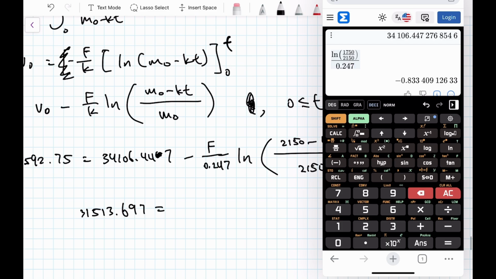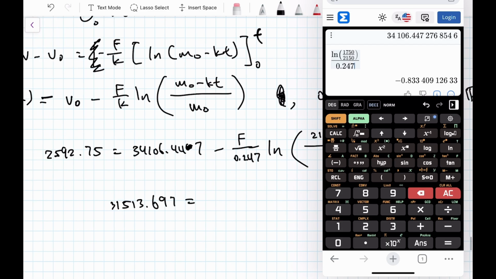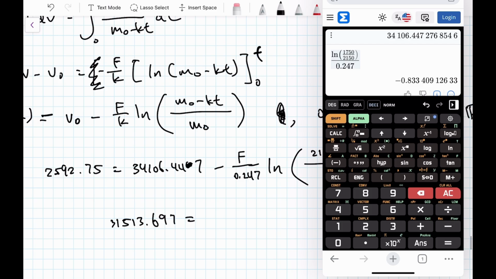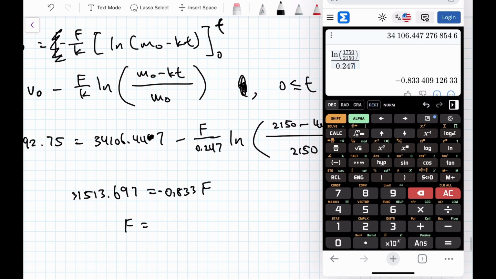Now that is a negative number, which is interesting. Well, let me think. Technically the force is just a negative number, so the magnitude of the force is 31513.697 divided by 0.833.